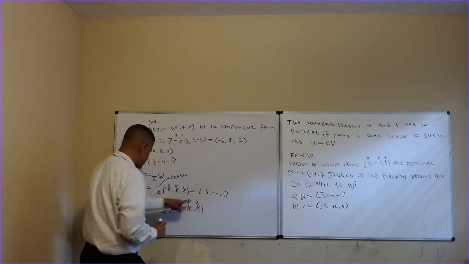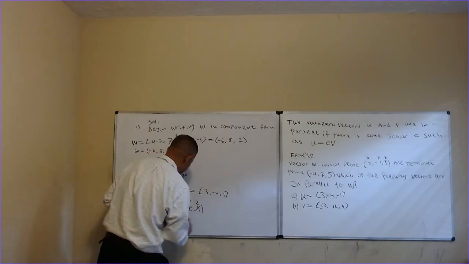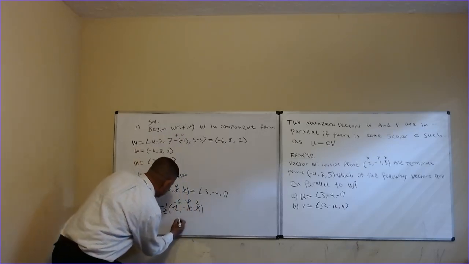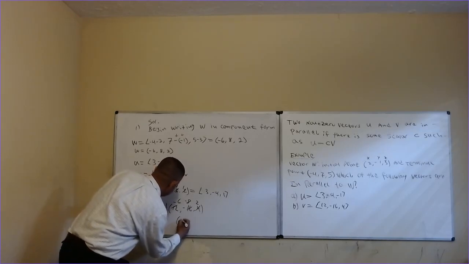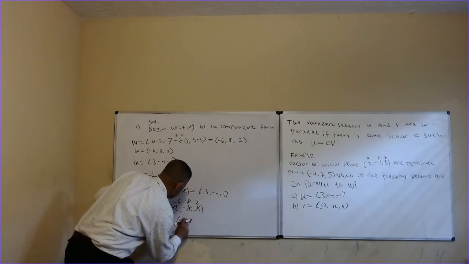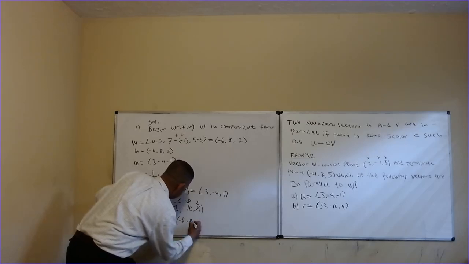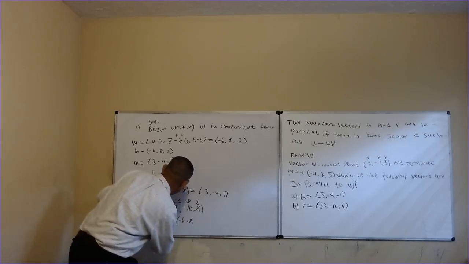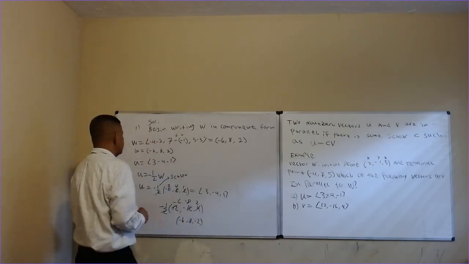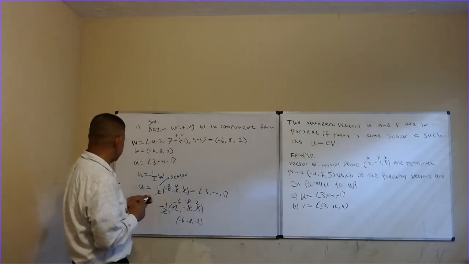But this 2 turns into a negative 2 right there, right? So when I do this, this is nothing but negative 6, 8, and I got negative 2. All right? So we end up with the same thing, right?